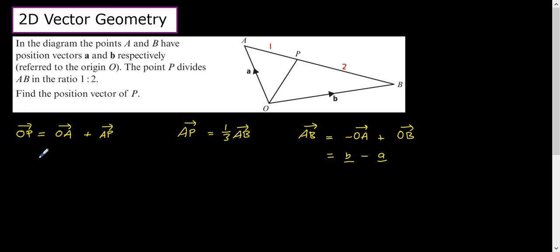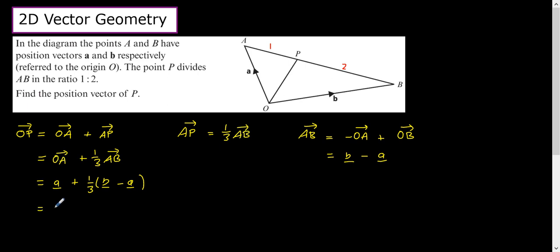So we can go back to OP now and say that it's OA plus AP, which, as we said, was 1/3 of AB. Then on the next line, I'm going to write in all of my lowercase letters. So OA is lowercase a, plus 1/3, then open a bracket for b minus a.